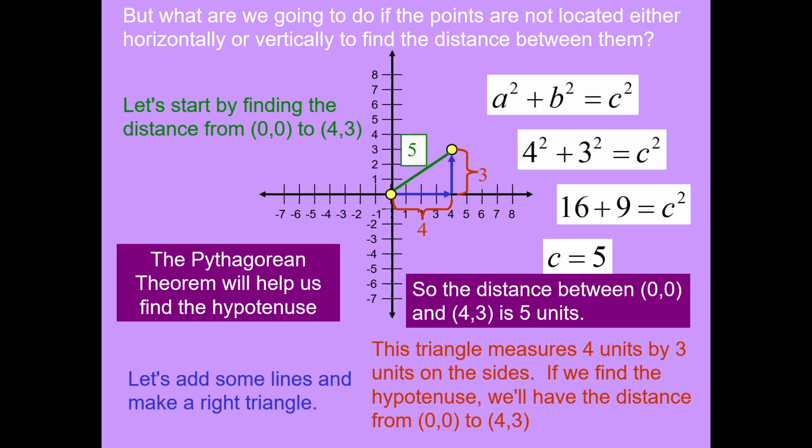The distance between the 2 points, (0, 0) and (4, 3), is 5 units. We found the length of the hypotenuse, the longest side of the triangle.